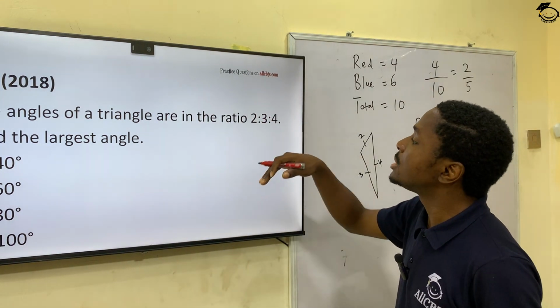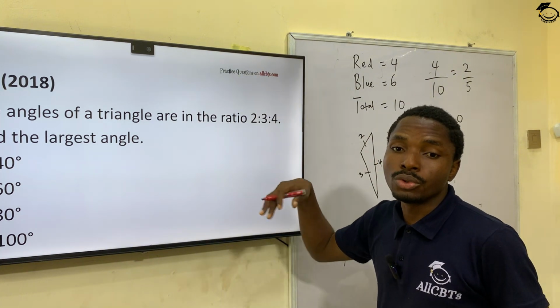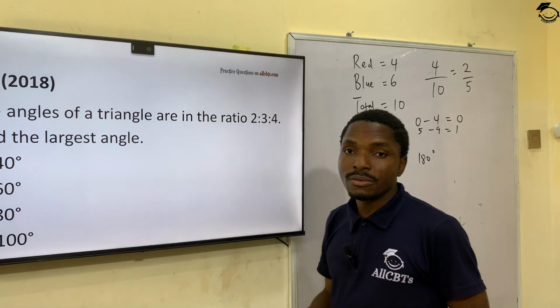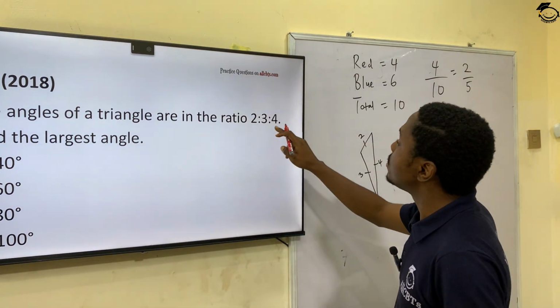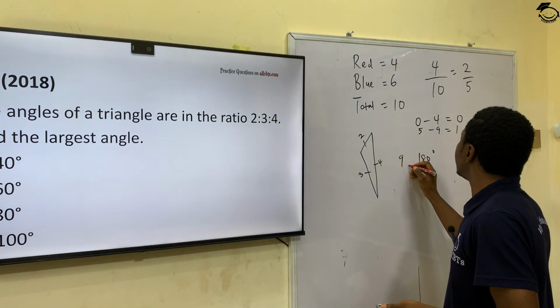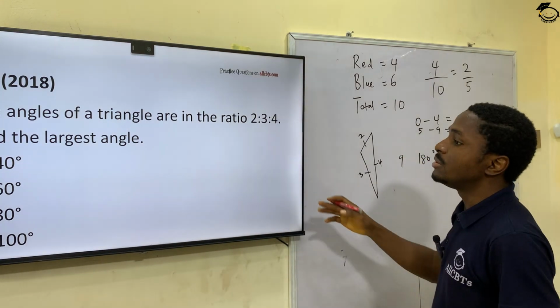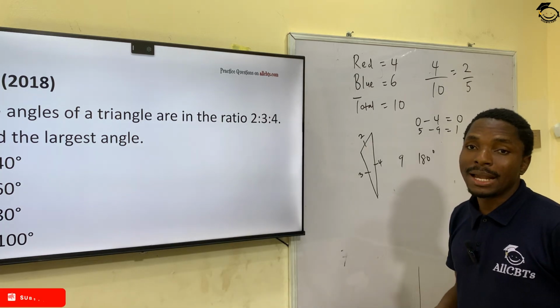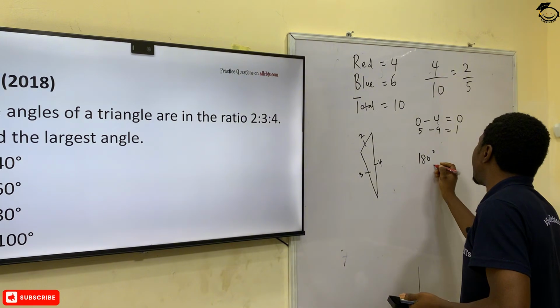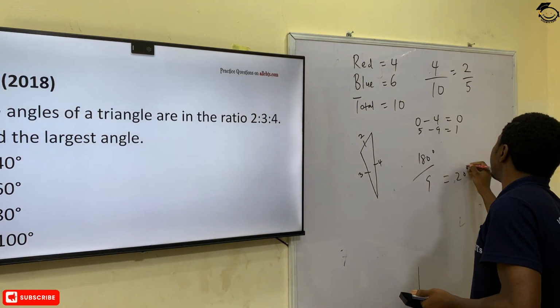In order to know what ratio 4 would hold, you have to sum up all of the angles first. So 2 plus 3 plus 4, that will give you 9. Then you divide your 180 by 9 to know what one ratio will be. So 180 divided by 9, you have 20 degrees.